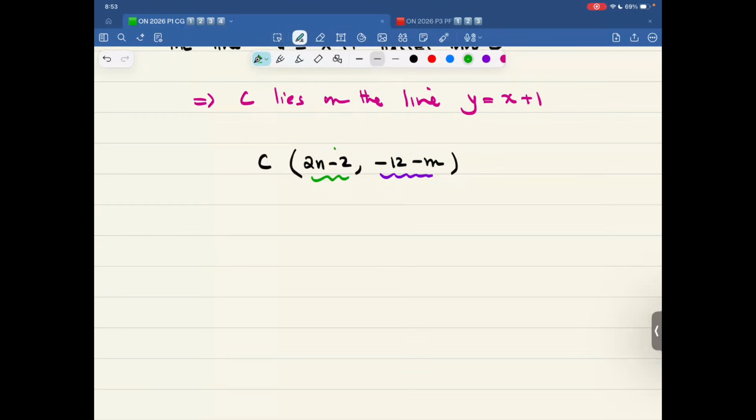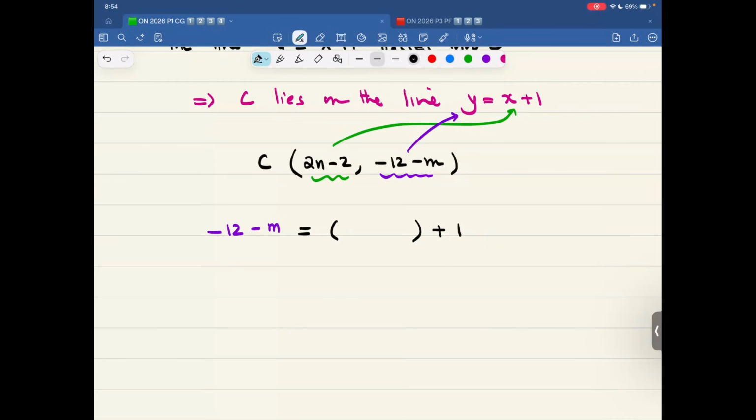That means take the x coordinate and write it over here. Take the y coordinate, write it over here. So therefore, negative 12, negative m equals x plus 1. And what goes inside the bracket?